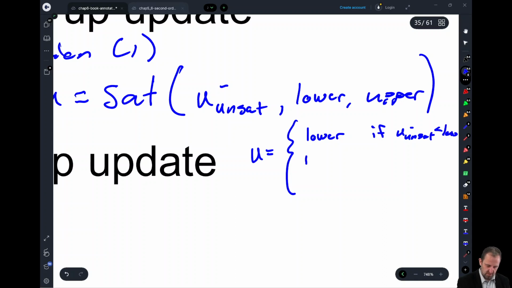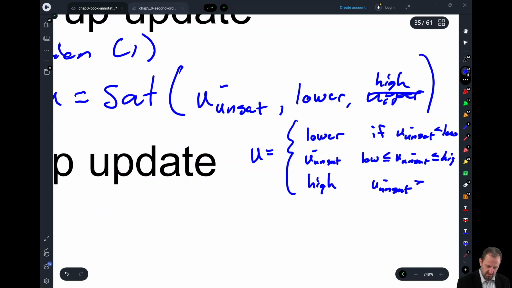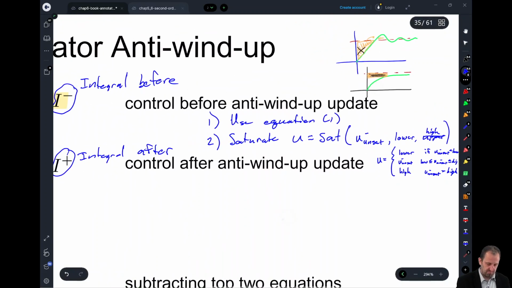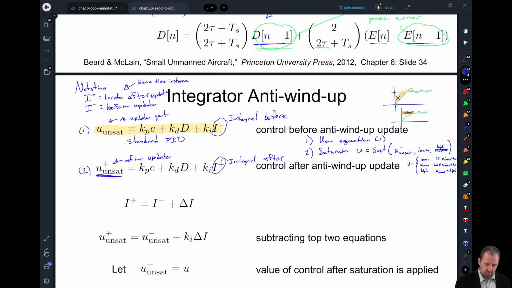It's going to be equal to U unsat minus if the lower bound is less than or equal to U unsat minus, which is less than or equal to the high bound. And it's going to be the high value if U unsat minus is greater than the high value. So we have this saturation function, and we're going to saturate our input.